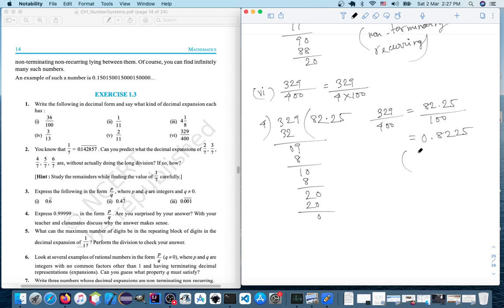So it is a terminating decimal expansion. The decimal expansion is of type terminating. Okay.